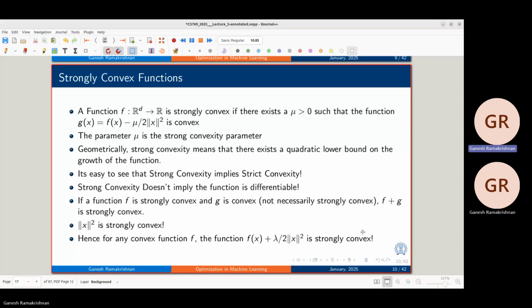But if this is strictly less than, then I say that the function is strictly convex.